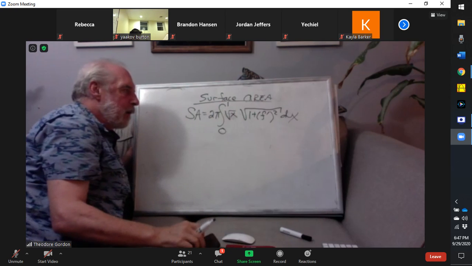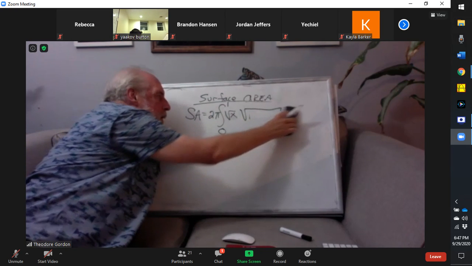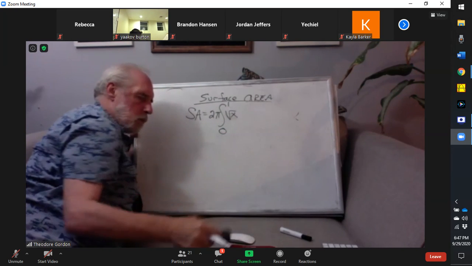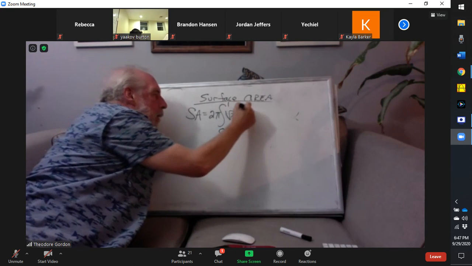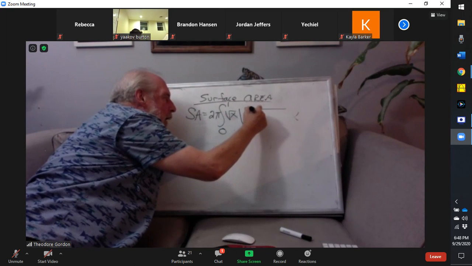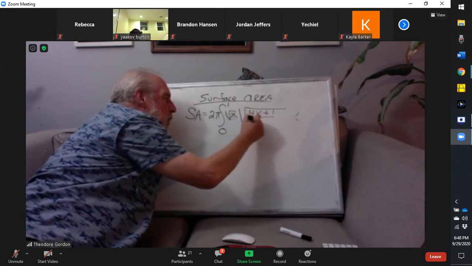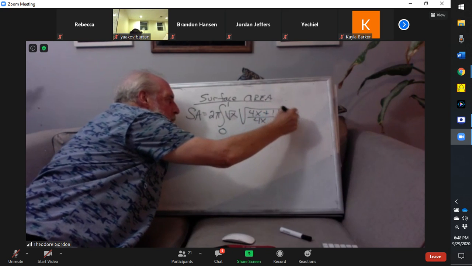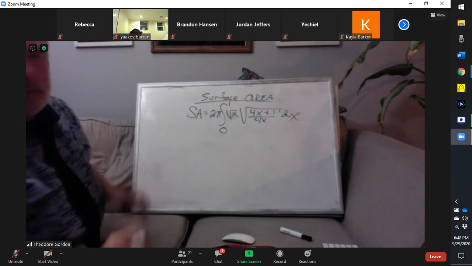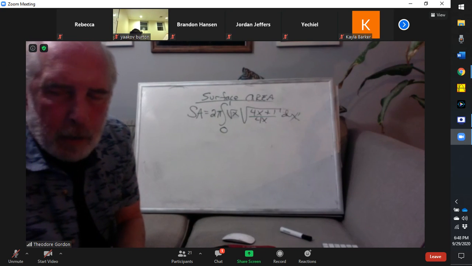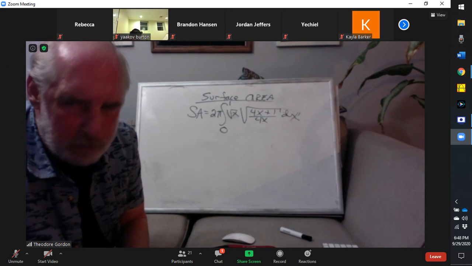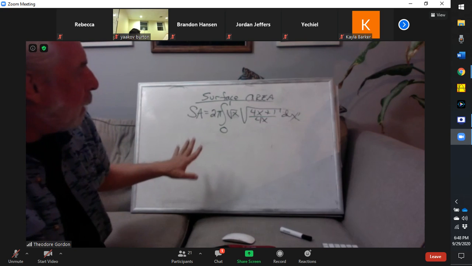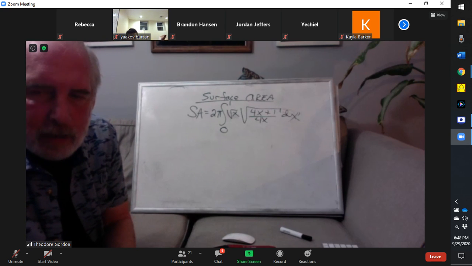And we just did the formula that goes under the arc length here. So we get the square root of 4x plus 1 over 4x, dx. Everything's going to be around the x-axis in this homework here. So I'm going to stop there in case anybody's got a question.